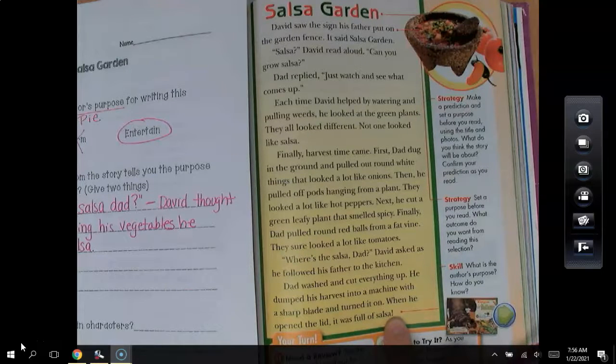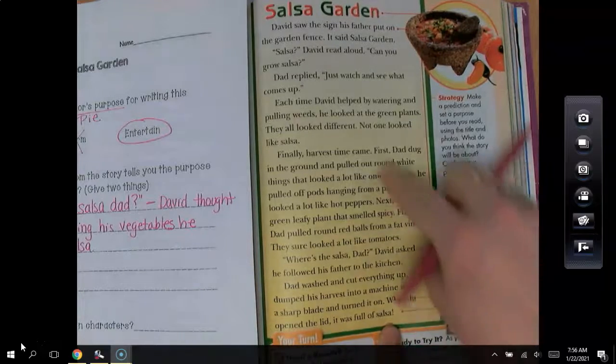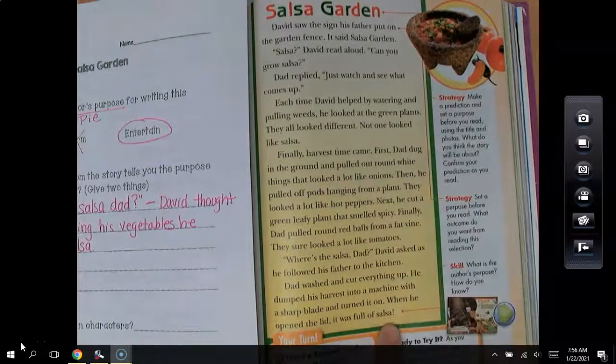So I know that David is so excited about what they just created together. His dad and him, he thought it was pretty awesome that he was able to do this with his dad and learn about how they made salsa. Because remember, he actually thought after they picked it, it was salsa. So did his dad teach his son something?